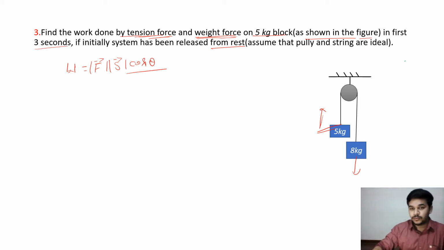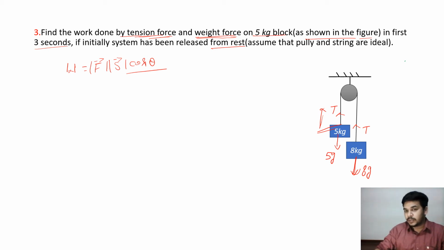How are we going to do it? Let me draw the FBD. On the 5 kg block, the weight force will be downward, that is 5g, mass times gravitational acceleration. The tension force on the block will be upward. On the 8 kg block, the weight force will be downward, that is 8g. On a string, tension is always pulling in nature, remember that, so tension will be upward.